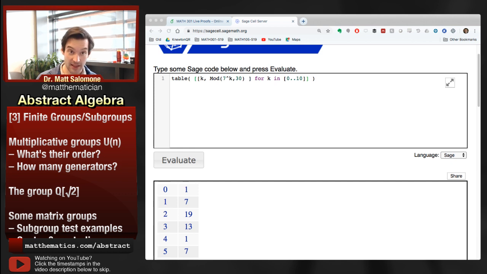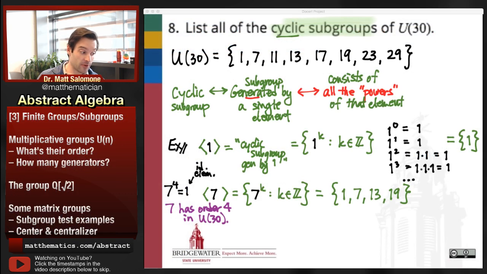And we can see that again from my table here, that no smaller power of 7 gives me the identity element, other than, of course, the 0th power, which always does. But no smaller positive power of 7 gives me the identity. Not until I get to the 4th power of 7 do we get the identity. So that tells me that the order is not just less than or equal to 4, but the order of 7 is actually equal to 4 in this particular group.